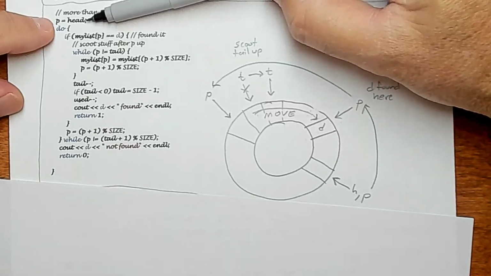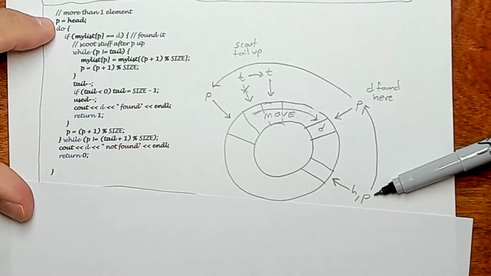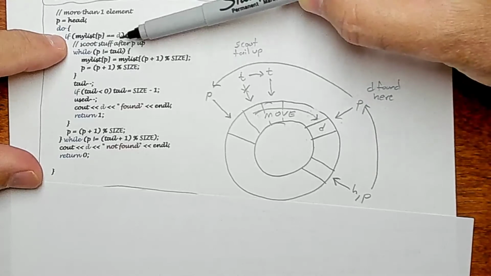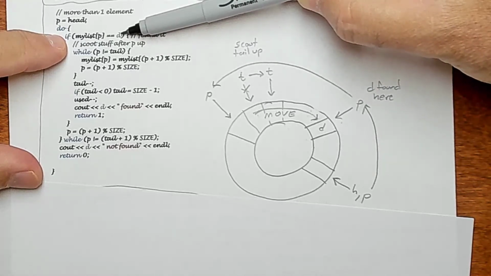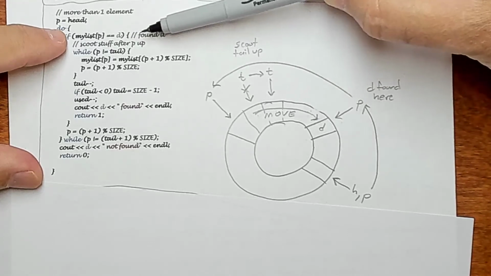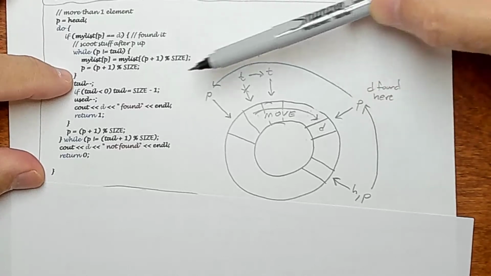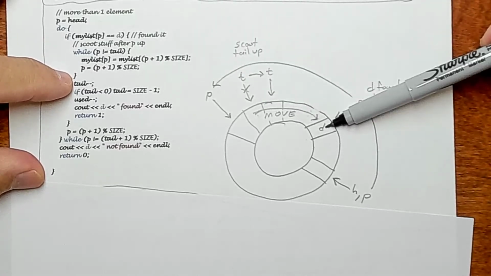First I set P equal to the head, and then I go into this loop where I'm looking for this element D. D is what's passed in here. That's the element I'm seeking. And if I find it, I go into this scooting operation where I scoot all of these guys down.